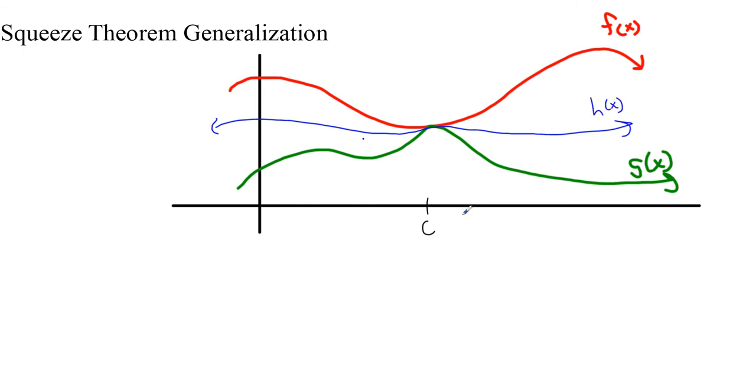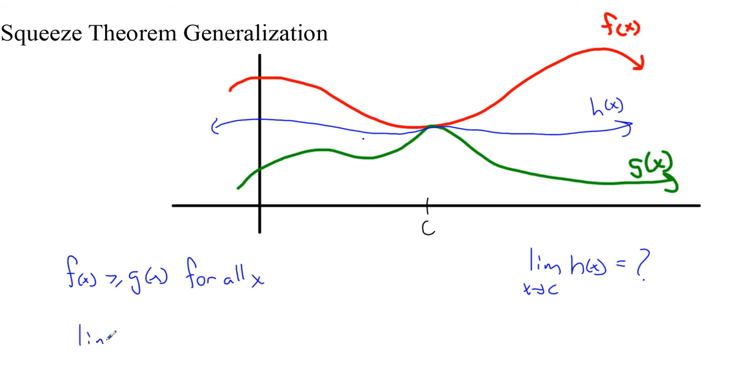Now, for the squeeze theorem, let's say, as a for instance, we do not know what the limit as x goes to c of h of x is. We don't know. But what we do know is that f of x is always greater than or equal to g of x for all x.